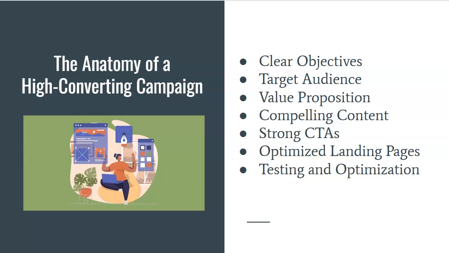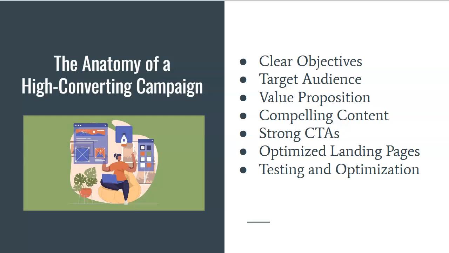And then how you communicate this value proposition to your target audience in order to achieve your clear objective is by making sure that you have compelling content. Alright, compelling content, which are things like your headlines, your body copy, and the multimedia materials that you use on your page.